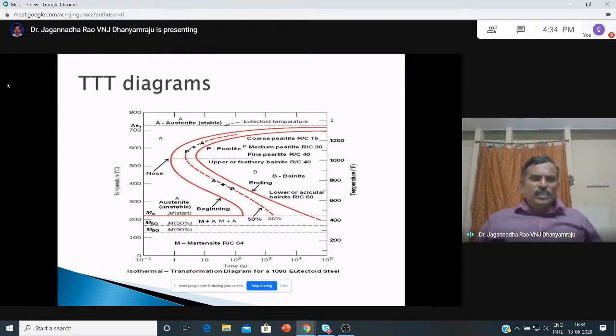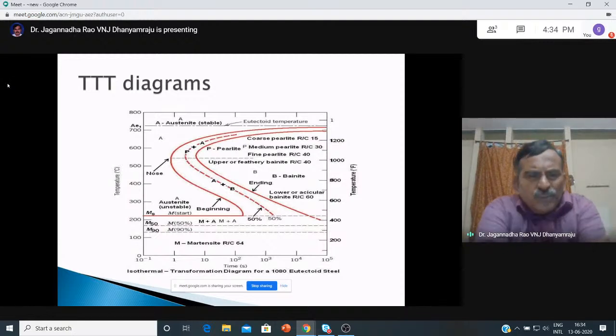There is a nose, you can see that nose, right? And your cooling curve should not cut the TTT diagram. Then you will get 100% martensite.